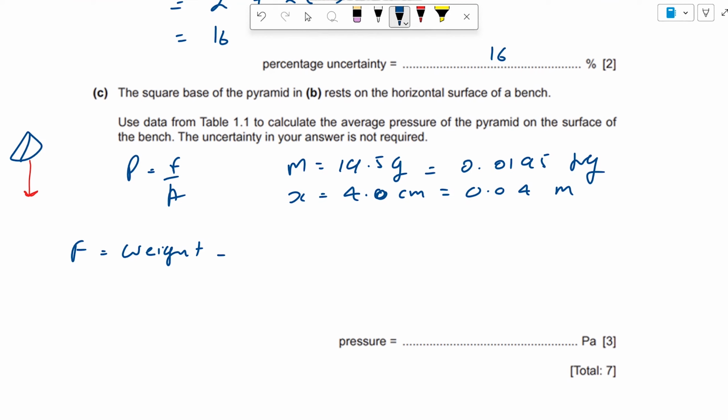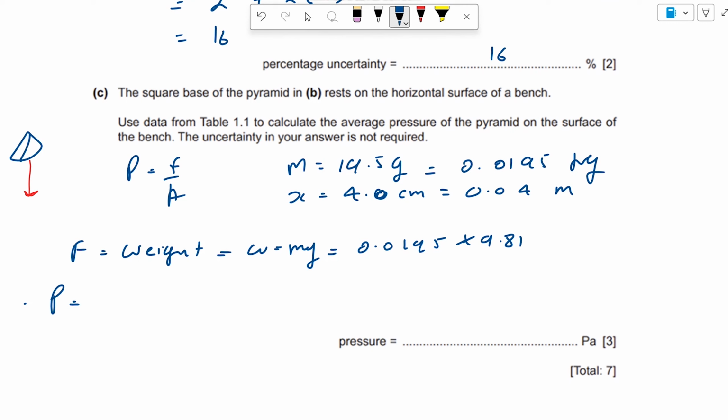We can calculate weight by using weight is equal to mg, 0.0195 times 9.81.